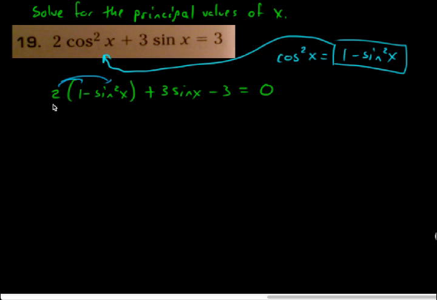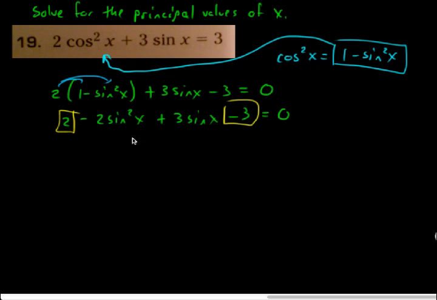So let's see. We'll distribute. So we'll have 2 minus 2 sine squared x plus 3 sine x minus 3 equals 0. And then I'm going to just combine some like terms here. 2 and negative 3 will combine to be negative 1, right?